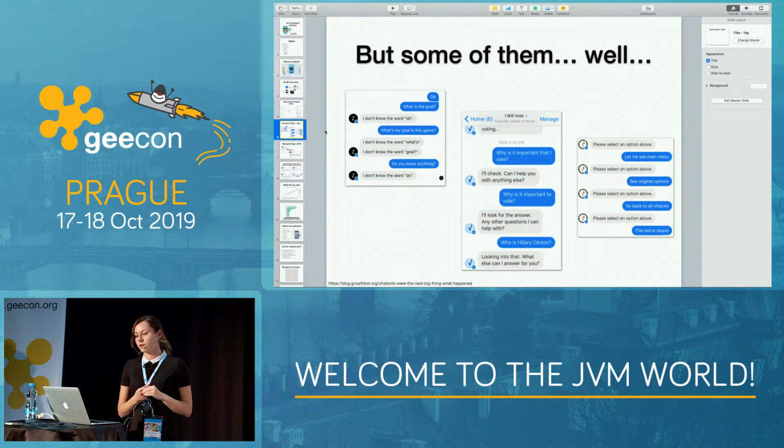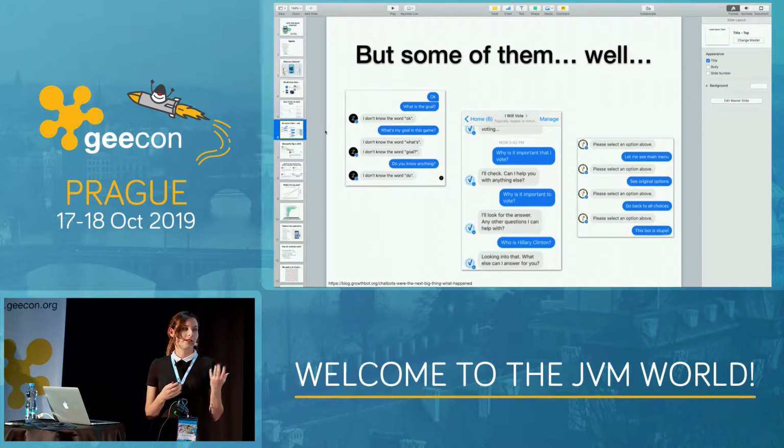The other one was implemented for elections and is not really able to answer the most important question: why is it important to vote? So it's not so good for the chatbot. Another type of popular bug in chatbots is that they're actually looping. They are saying the same thing again and again.